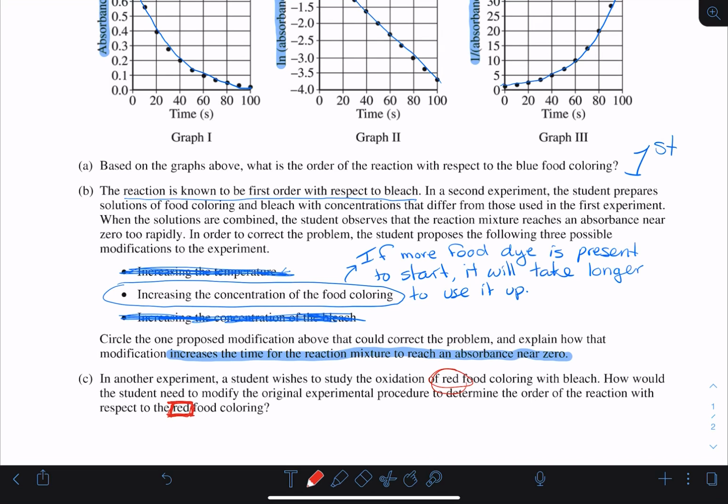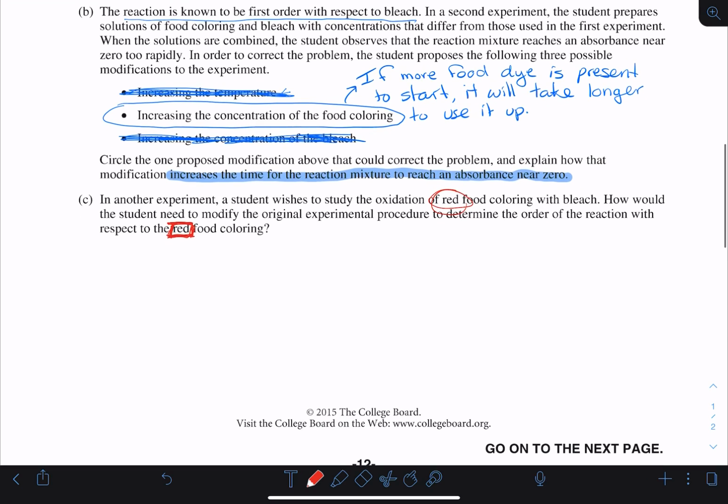When we see something as a different color, that means it's absorbing different wavelengths in the visible spectrum. And we always want to make sure that we're recording the wavelength of maximum absorption or something close to it. So the wavelength most absorbed by a red dye is going to be very, very different than the wavelength most absorbed by a blue dye.